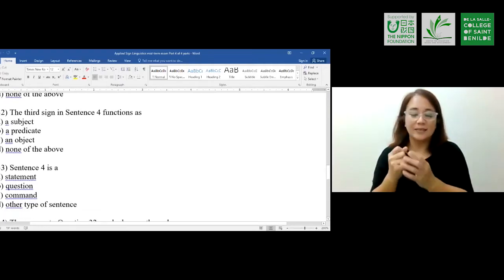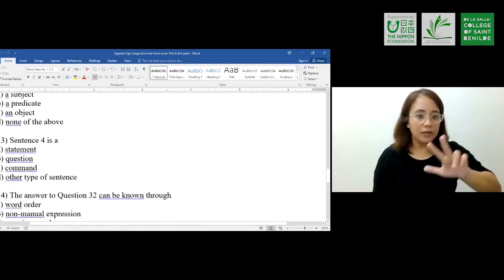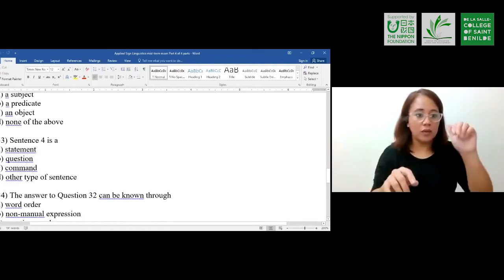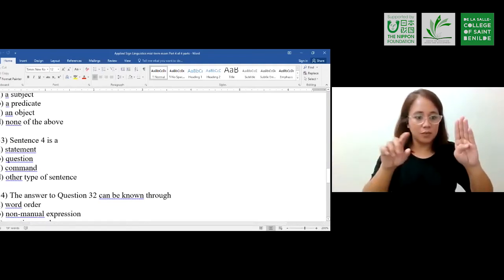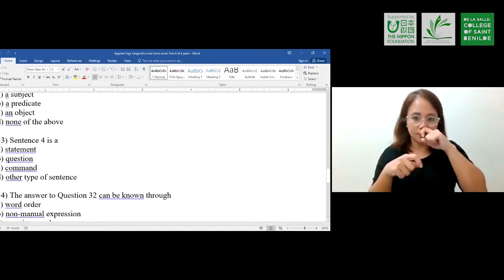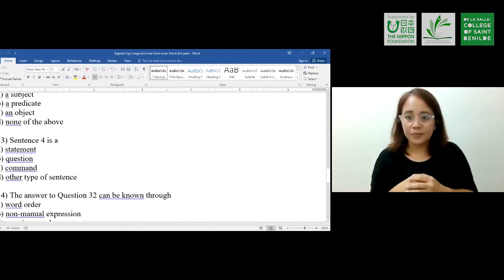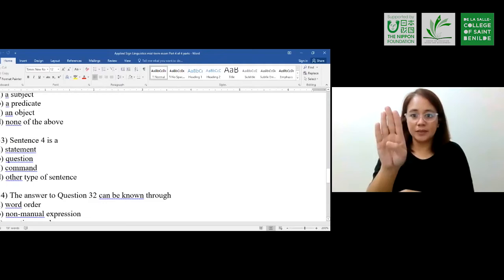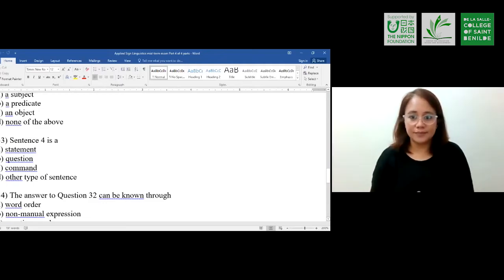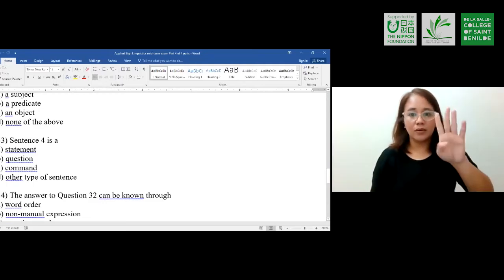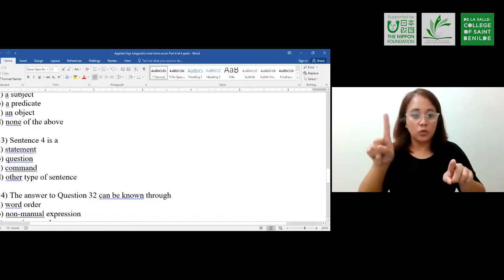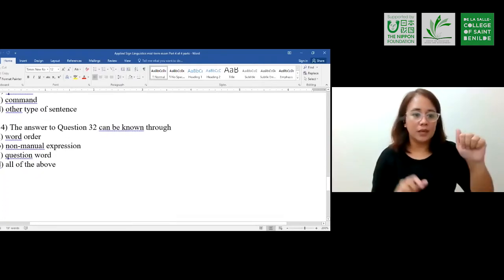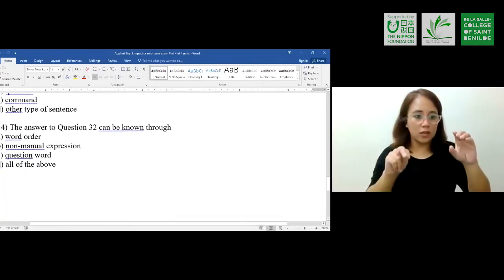Number 33. Sentence 4 is a statement, question, command, or other type. I see Jasmine answering B, Marvin B. Yes, Jack B. B, as in boy. Number 34, the answer to question 32 can be known through A, word order, B, non-manual expression, C, question word.